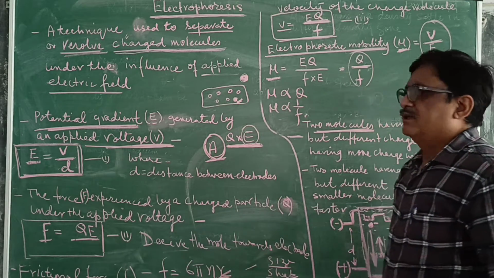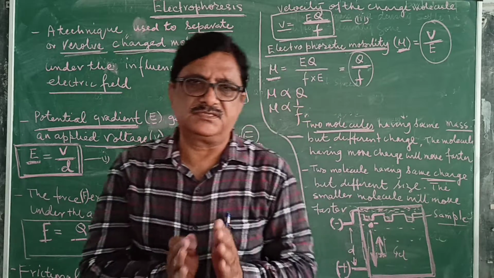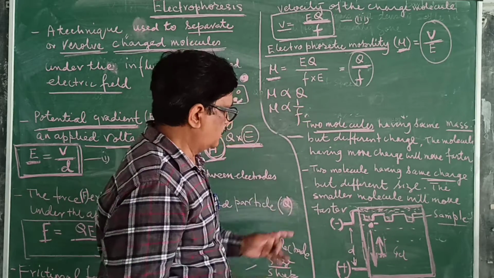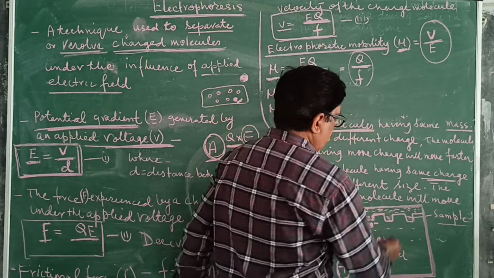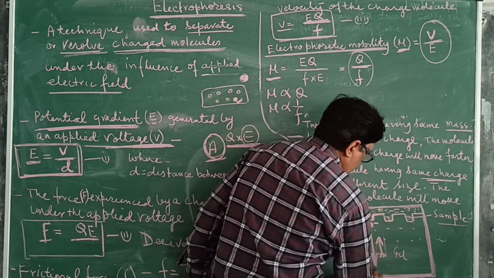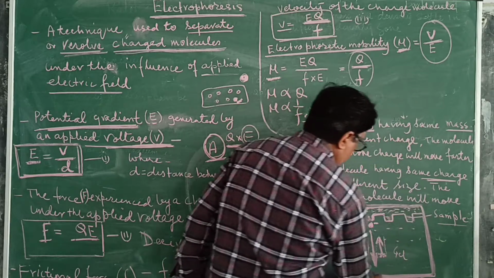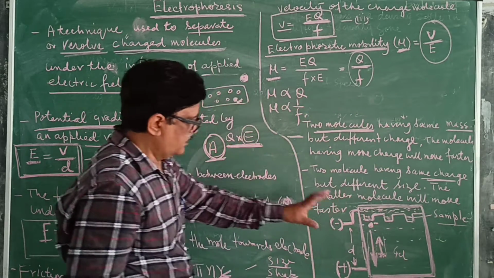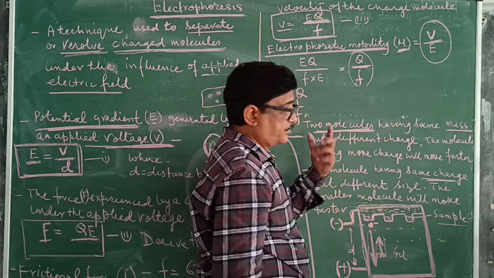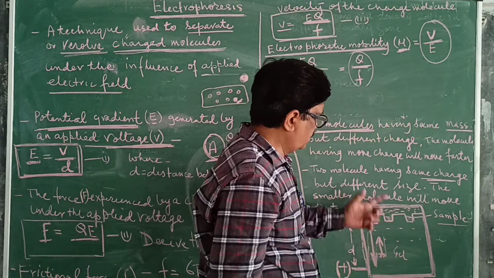Okay? In the technique of electrophoresis, the instrument used can be explained through this simple diagram. Here I am trying to explain the process of electrophoresis through this simple diagram.